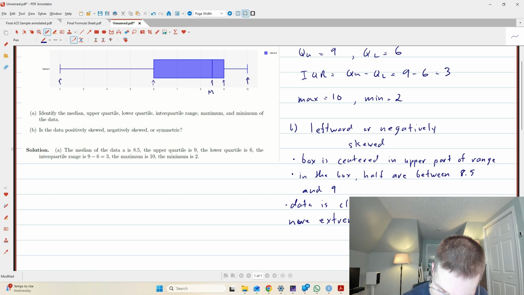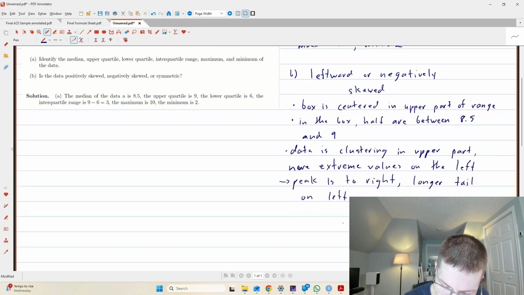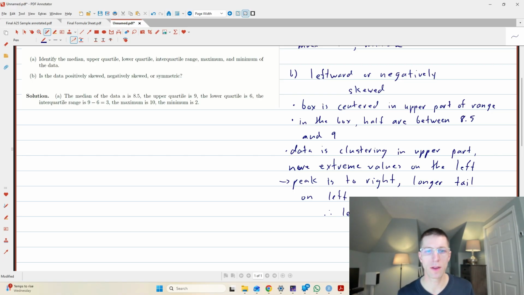So a peak is to the right, with a longer tail on the left. And so that means it's leftward or negatively skewed. Okay, so that is analyzing a box and whisker plot.